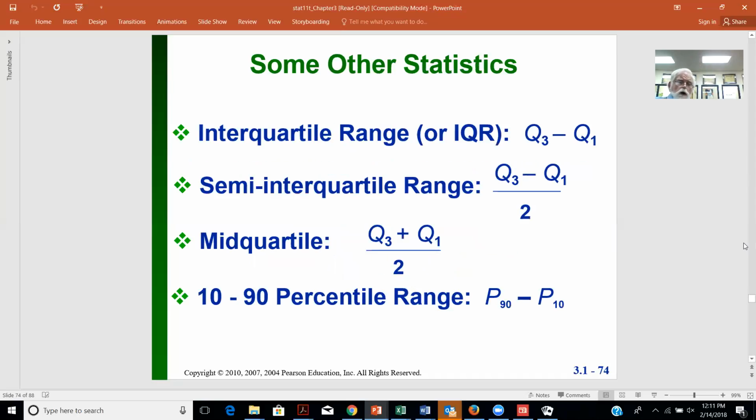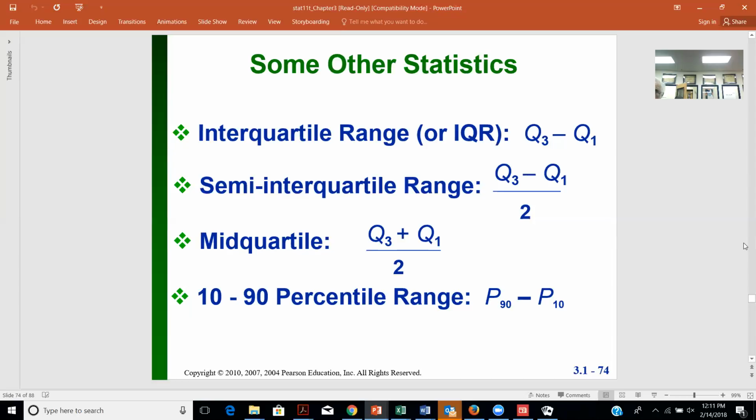Okay, so there are some other terms we use. The interquartile range is just the difference between Q3 and Q1. That's where we have most of our data. The percentile range: we can calculate the percentile position of any data point.